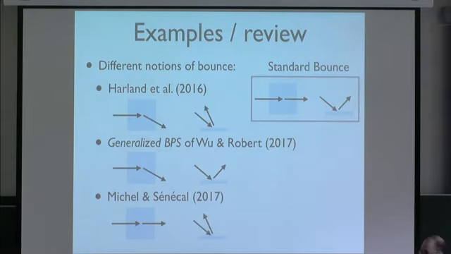So just to give you some concrete example of the sort of things that we would like to be able to apply to the other setups, so to the black box setup. There have been, in 2016 and 2017, several different notions of bounces that have been proposed in the literature that generalize or differ from that Newtonian bounce that I described.